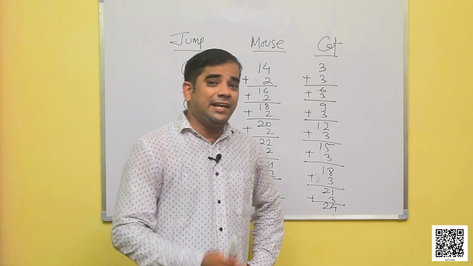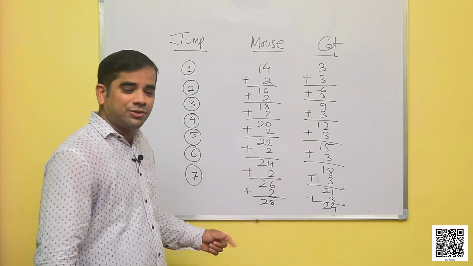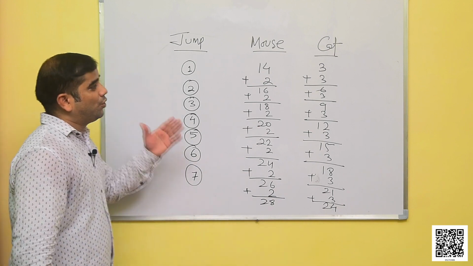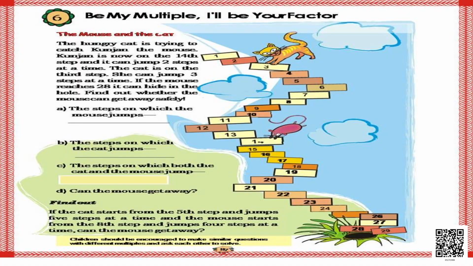So let's see what is happening with the mouse, whether the cat is able to catch the mouse. As we know, the mouse is allowed to jump 2 steps and the cat is allowed to jump 3 steps. So in the first jump, what happens? The mouse goes from 14 to 16, but the cat goes from 3 to 6.